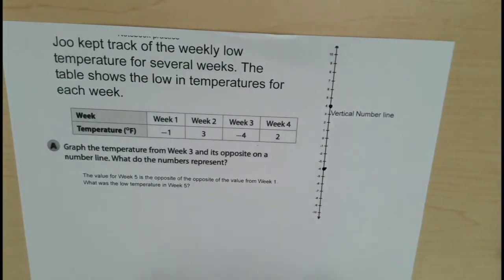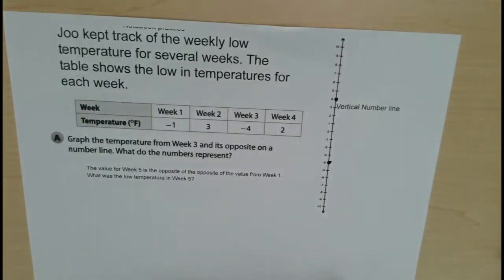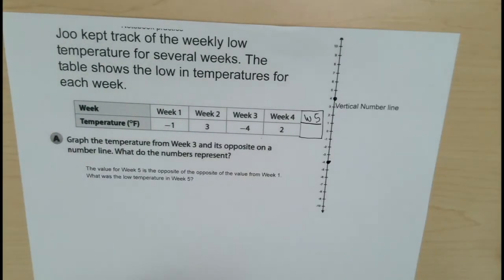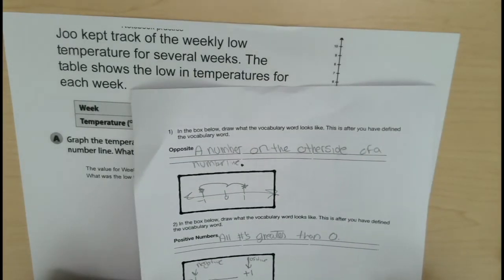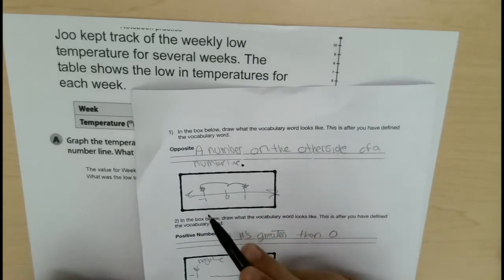The next question says, the value for week 5 is the opposite of the opposite from week 1. What was the low temperature in week 5? Well, first we have to understand what opposite means. An opposite, again, is a number on the other side of a number line. So if we had 1, therefore we'd have minus 1.